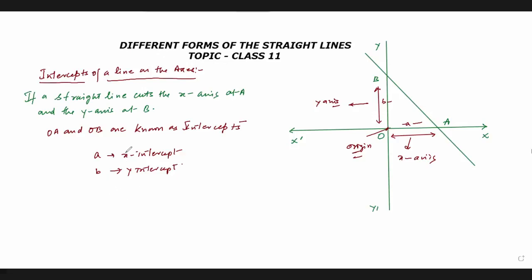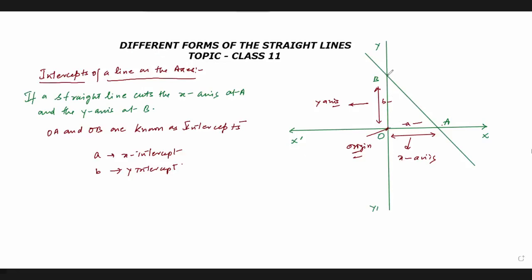As you have seen, OA is positive here because we are cutting A in the right-hand direction. It can be negative also; it depends on A if it lies on my left-hand side. If A is a point on OX, it will be positive. If A is a point on OX dash, it will be negative.